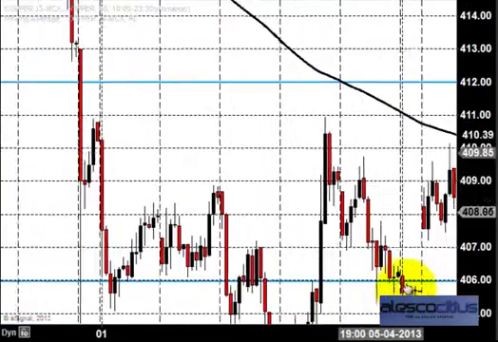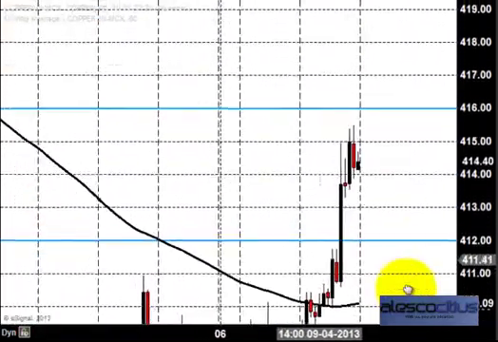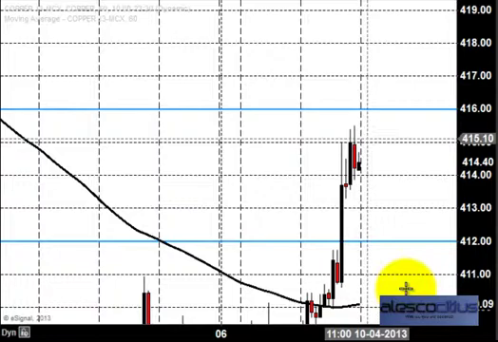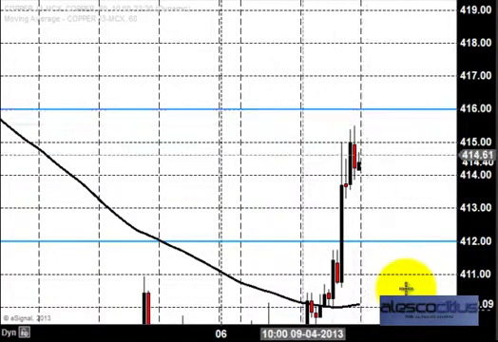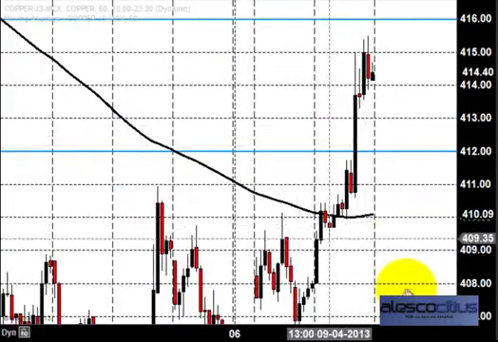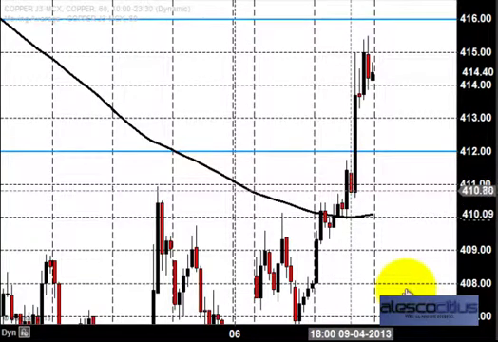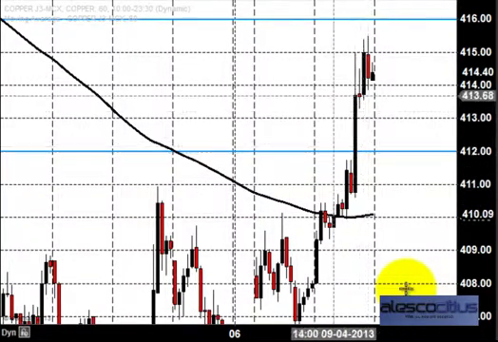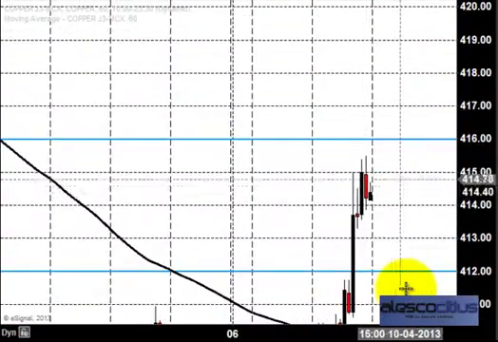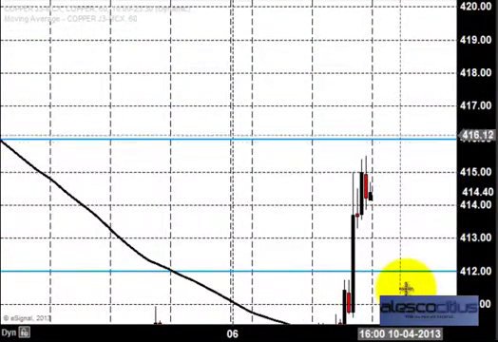So now the price is trading in this particular zone of 412. You can see 415 and 16. Yesterday we had a very good price action where the price was trading above the average and it cleared 412. Now it is trading in this key zone of 415 and 16.